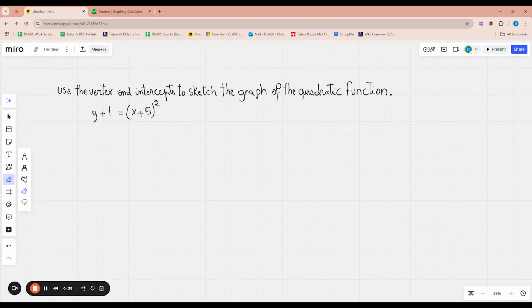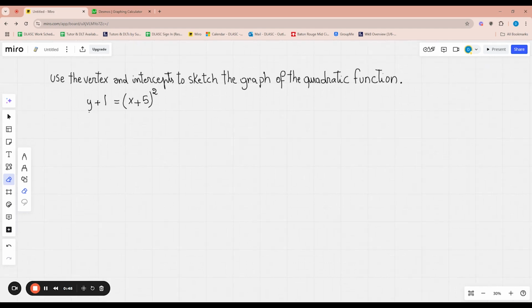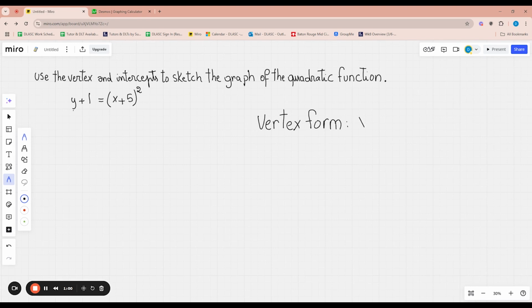Okay, so the first step is to put the equation in the vertex form. And you're gonna ask me, what's the vertex form? Let me rewrite the vertex form here. The vertex form is y = a(x - h)^2 + k.